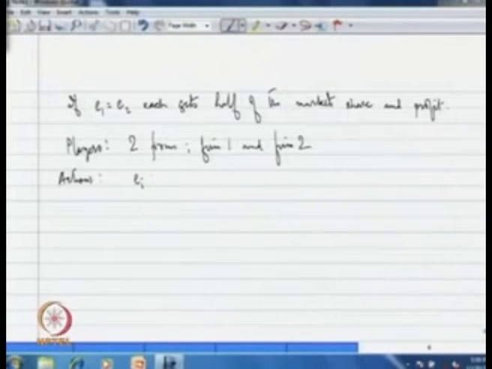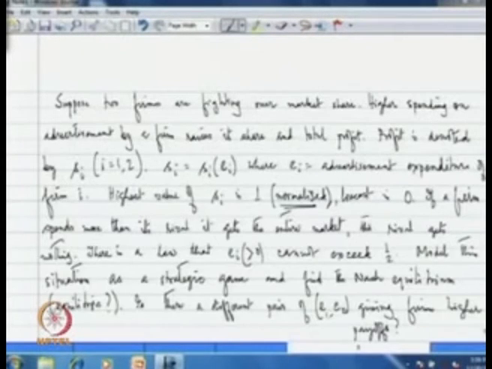Ei, and Ei is greater than or equal to 0, it can be equal to 0 also, and Ei is less than or equal to half. Okay. Ei is the advertisement expenditure. All right.